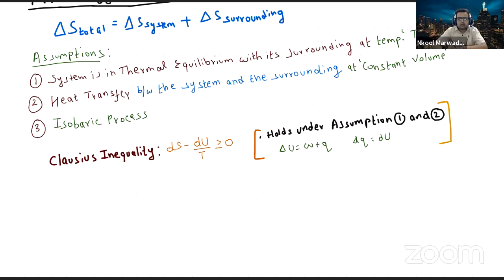I can do some shifting and write something like this: TdS will be greater than or equal to dU, where dU is the change in the internal energy of the system. So the change in internal energy of the system will always be less than or equal to T times the change in entropy.